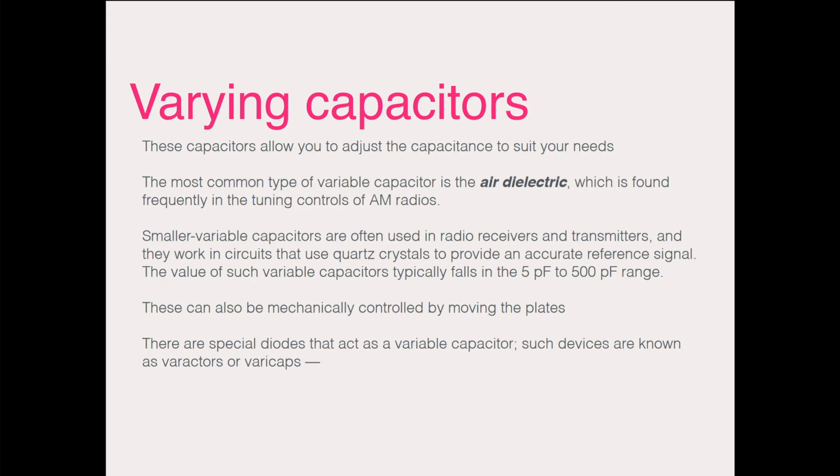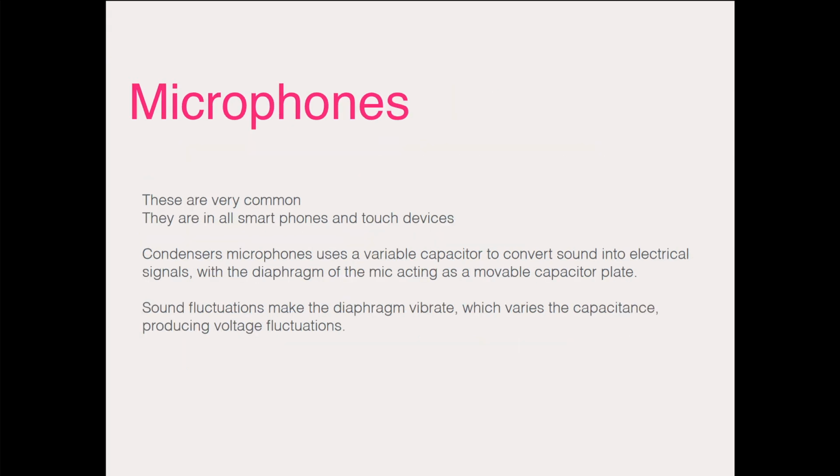You can also mechanically control a capacitor by moving the metal plates, and there are special diodes that can act as variable capacitors, known as Vactrols or varicaps. They're very powerful and good in synthesizer design. Microphones are very, very common. They're everywhere, and they are an example of a variable capacitor at work.